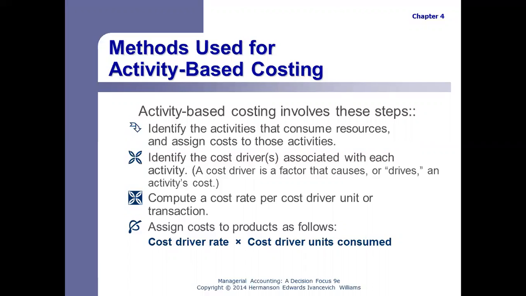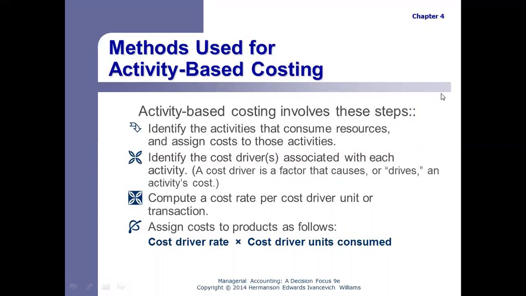The activities may be buying the spam, so having somebody go out and shop and buy the materials or the ingredients needed. That might be an activity. Another activity might be cooking and slicing spam. Another activity might be cooking rice.